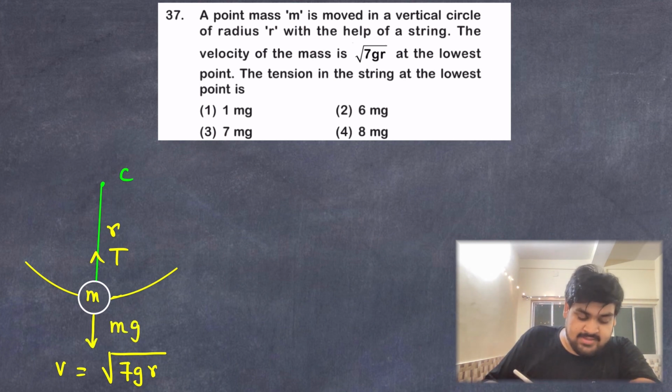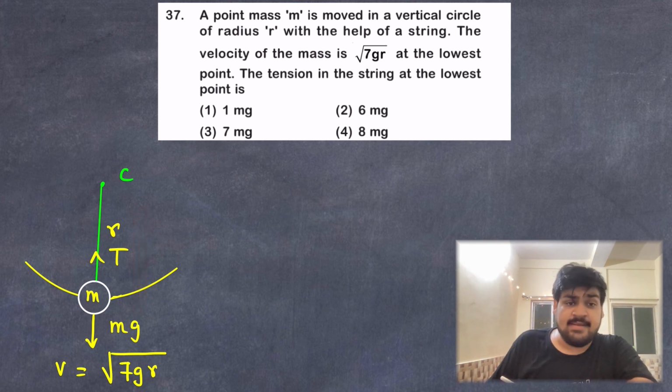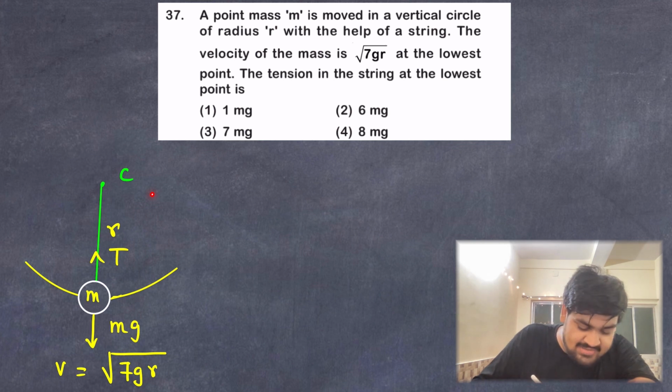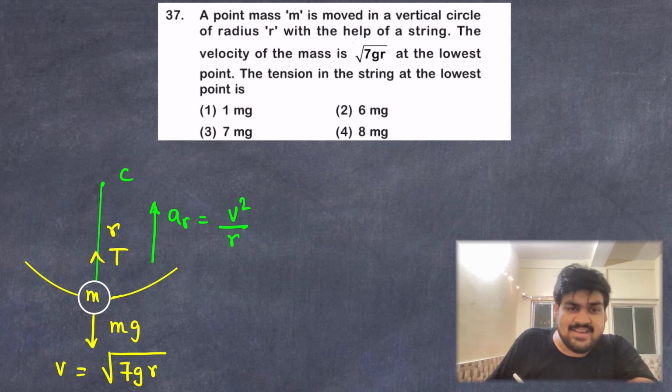And the particle is accelerating towards the center, which is the centripetal acceleration, which is nothing but v squared by small r, where small r is the radius.